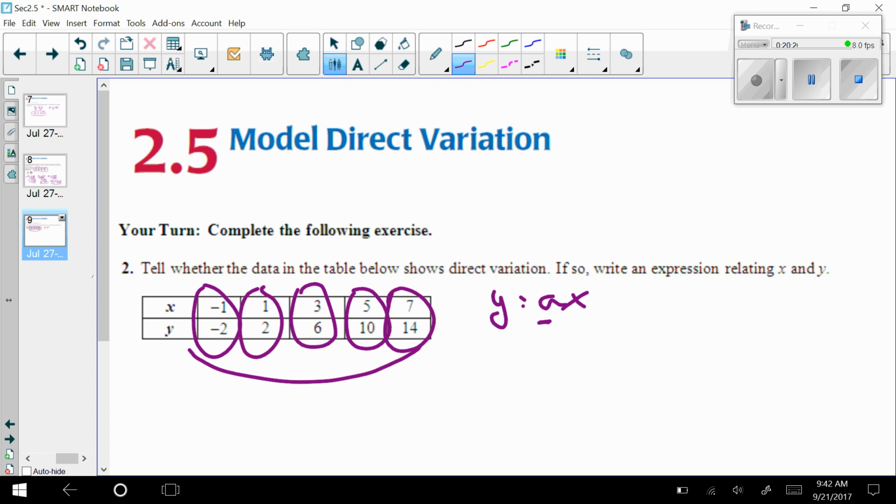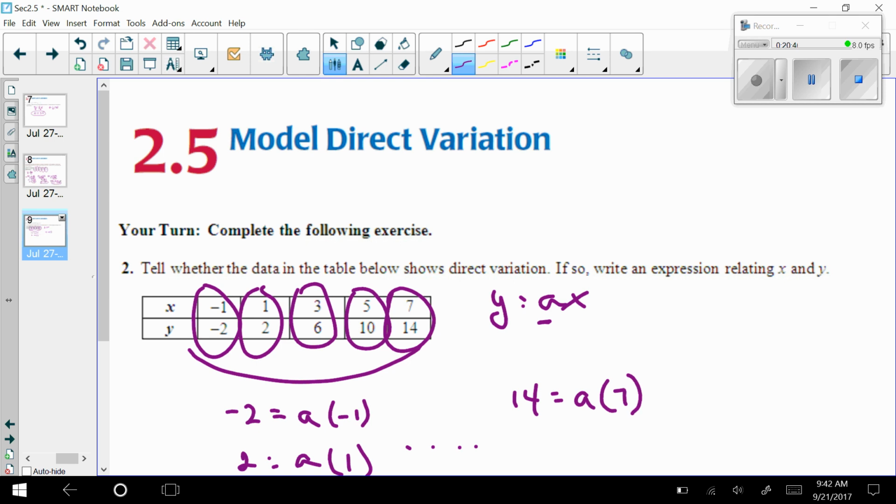So if you do this on your own, the first one you want to compare -2 and -1, where -2 is our y, equals a times -1. And you'll do that for all of them. So 2 is a times 1, and so on, all the way up to 14 equals a times 7.